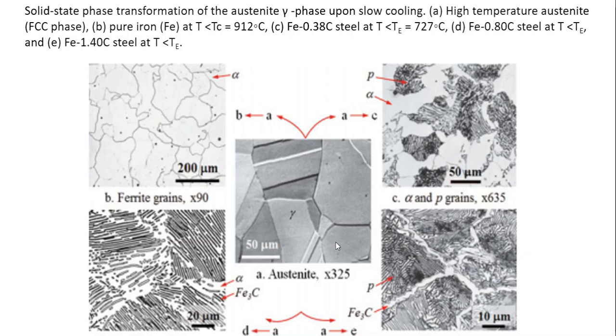Suppose you consider a pure iron at a temperature slightly less than 912 degrees Celsius. That is the A3 temperature for the metal. Consequently, you have a single phase iron converting into what is known as ferrite.